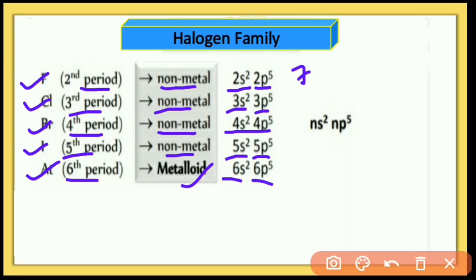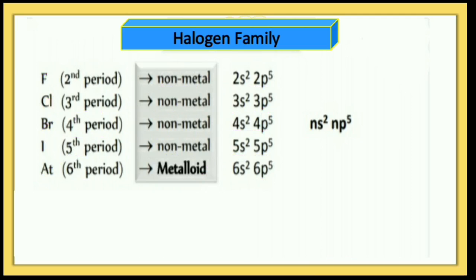So halogen family general valence electronic configuration is ns2 np5 and 7 electrons are present in its valence shell. So only one electron is required to complete the octet. So these are more electronegative atoms, and fluorine is the most electronegative atom in the whole periodic table.